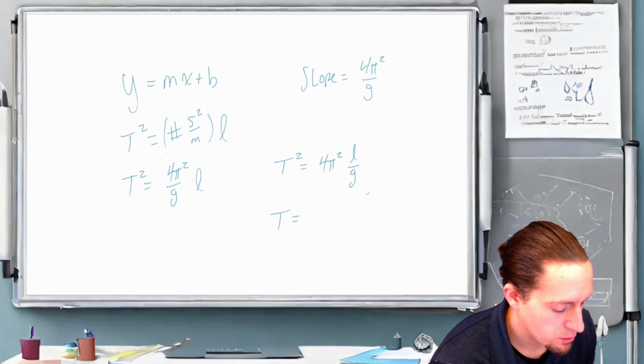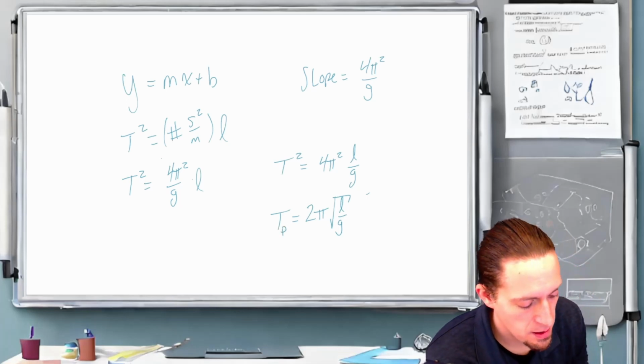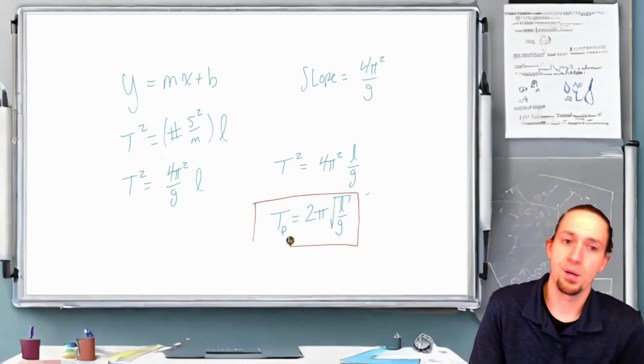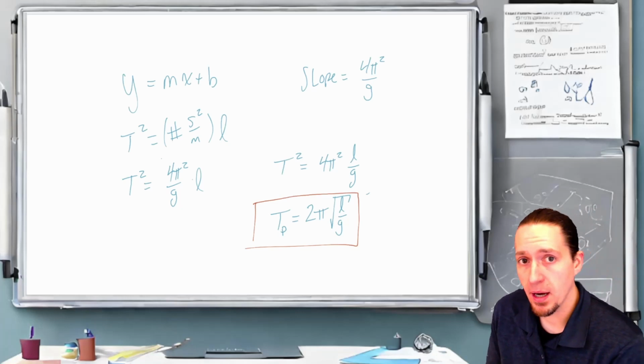So 4 squared is 4 square rooted, and then pi squared, and then this would be the square root of L over g. And really, this is the period for a pendulum, and there's our mathematical model. Check the pink sheet, and you'll find that there waiting for you.